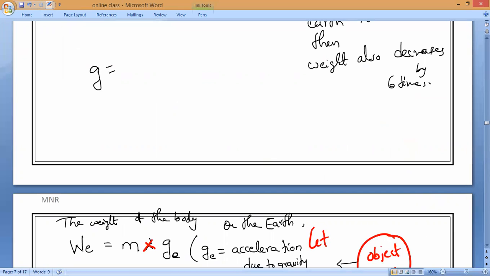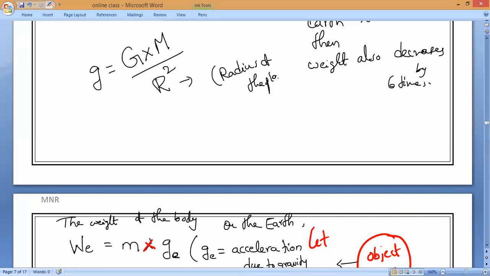Common formula of g: small g is equal to capital G into capital M divided by R square. R means radius of the planet. M means mass of the planet. Nimish, are you understanding? Is it okay, Nimish? Akilan?